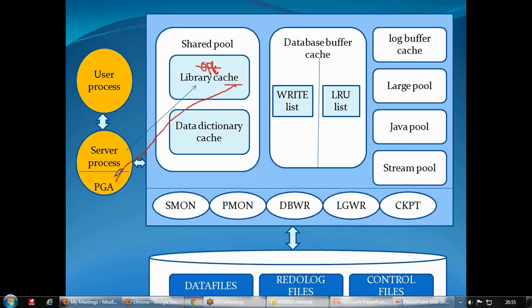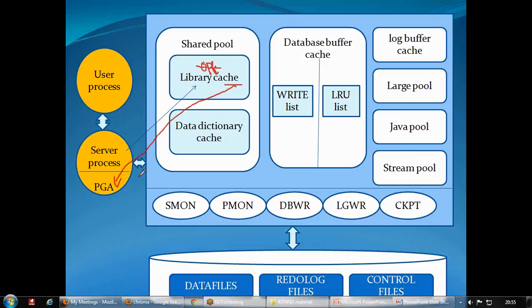So we have a memory component called PGA. Yesterday we learned a couple of points regarding PGA. The first point is that PGA stands for Private Global Area or Program Global Area. The second point is that PGA is the name given for the memory allocated to the server process.